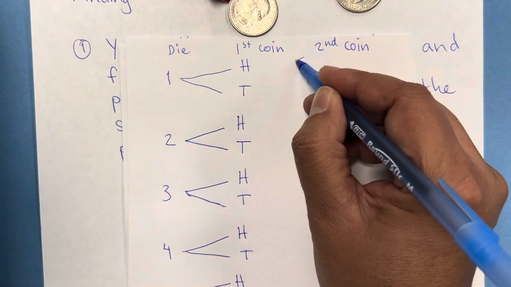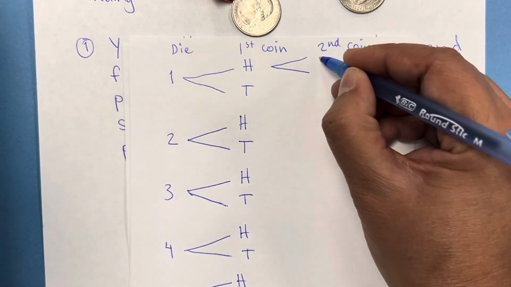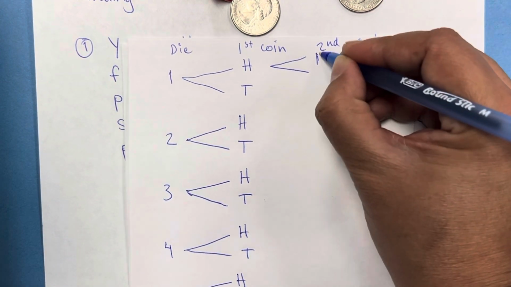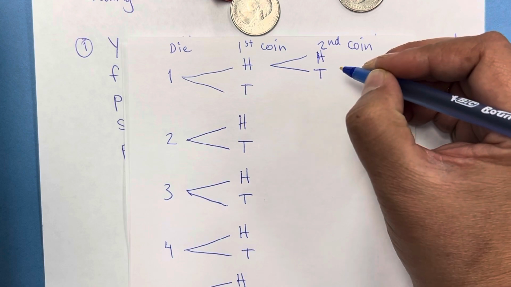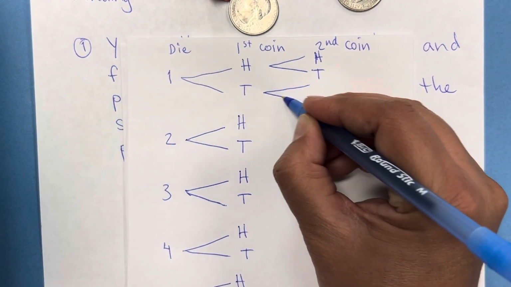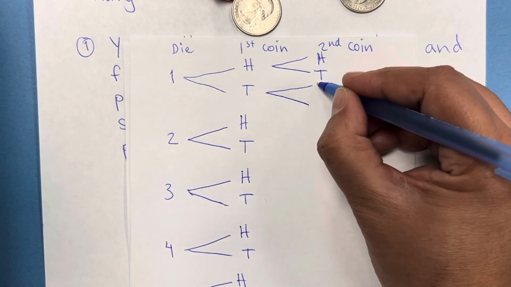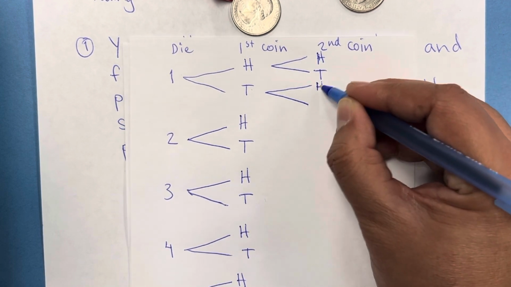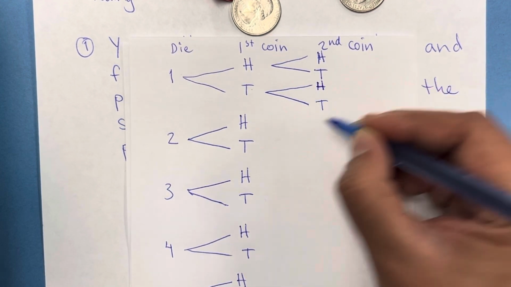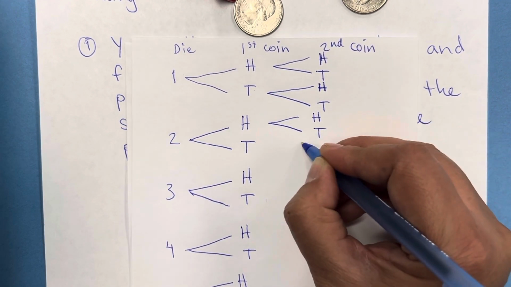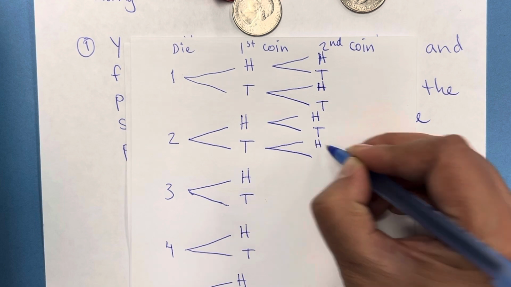Still, for the second coin, there are only 2 possibilities, either heads or tails. And the same if you got this one, 1 and a tails, then you still have the possibility of getting a heads or a tails. And that, again, is going to be the same case for each one.